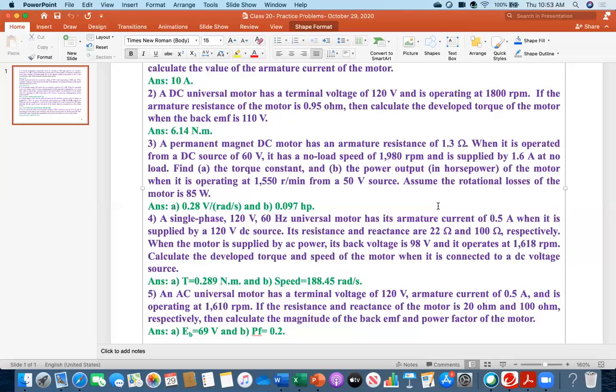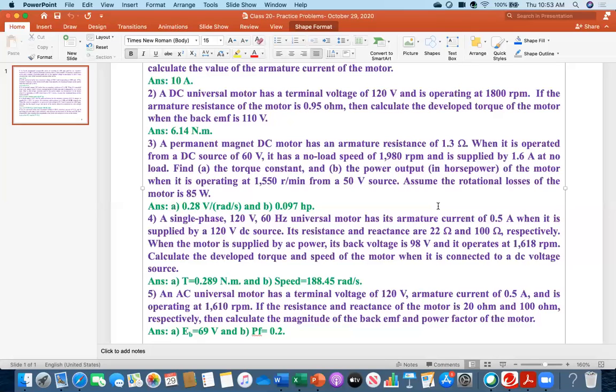So cosine theta is base over hypotenuse, so R over Z, where Z is the magnitude of impedance. In this case, the resistance value is 20. So 20 over the magnitude of impedance, which is root of 20 square plus 100 square. Then you should be getting the same result, 0.19 something.